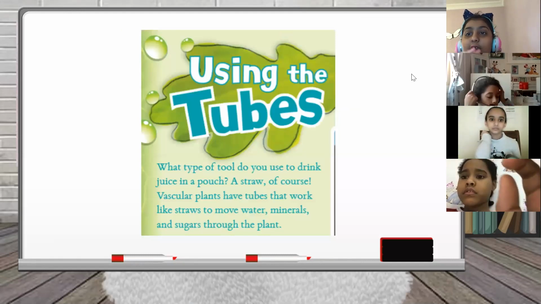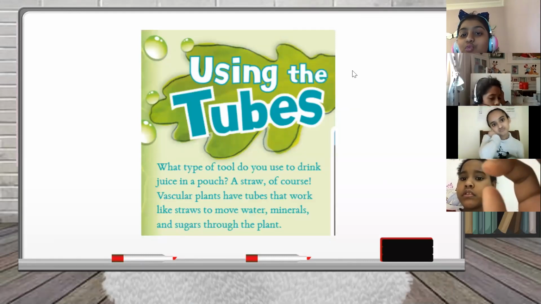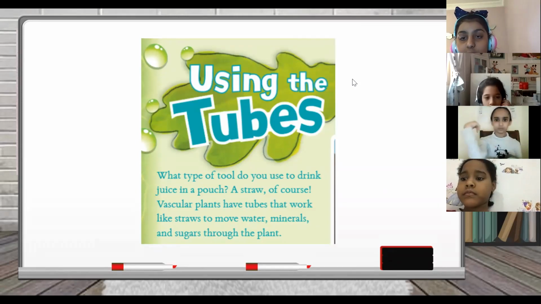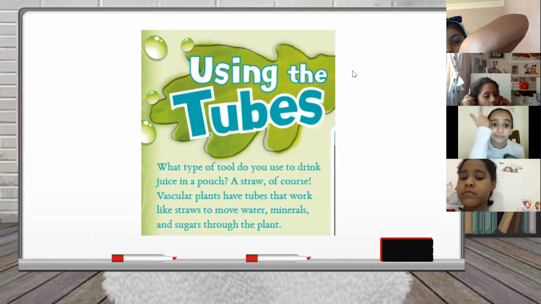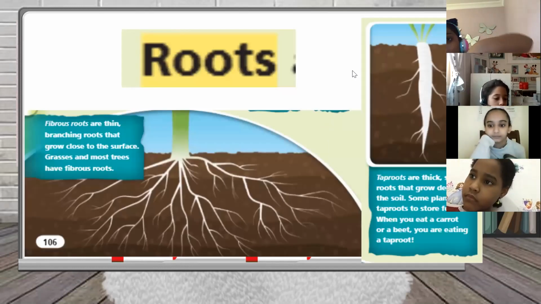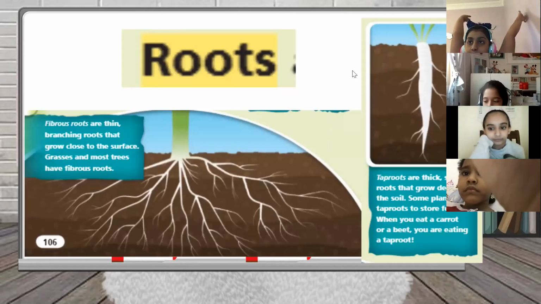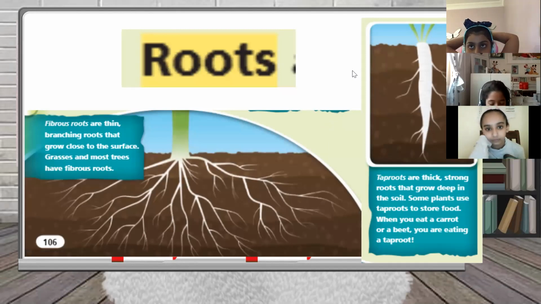Okay, guys. Now I'm going to teach you how plants use the tubes. First of all, they are using the tubes as roots. We have two types of roots. Roots can be fibrous.